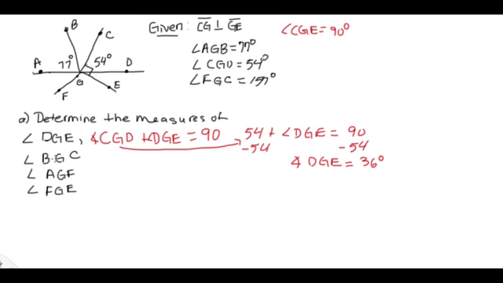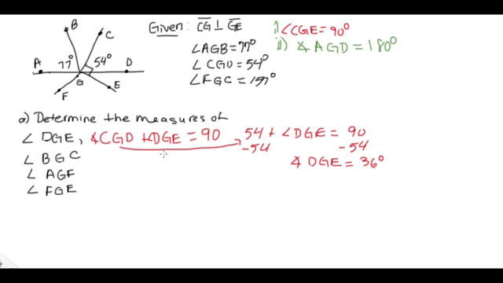Now I want to look at BGC. So I know here angle AGD is a straight angle. Right, so this is for part 1. Angle AGD equals 180 degrees.